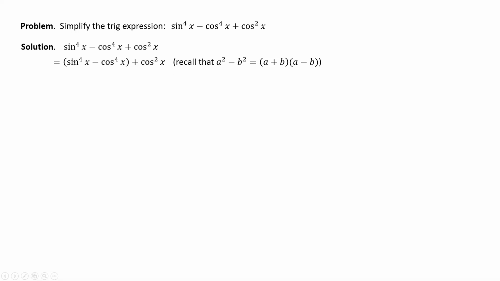Is sine to the 4x minus cosine to the 4x looking like a square minus b square to you? If you say, no man, this is a to the 4 minus b to the 4, come on. Well, yeah, you're right. For a second, let me say, this is looking like p to the 4 minus q to the 4. Would you be okay with that? Instead of calling it a to the 4 minus b to the 4, I'll call it p to the 4 minus q to the 4.